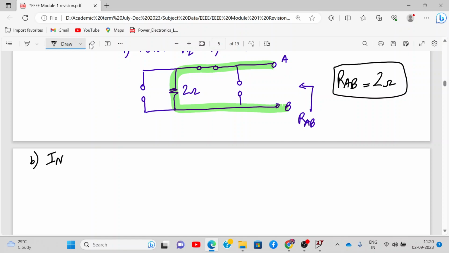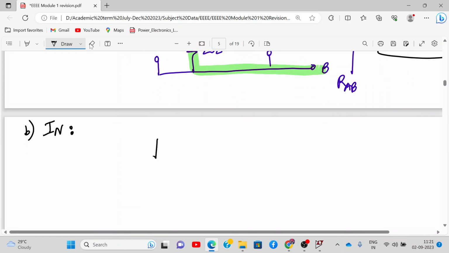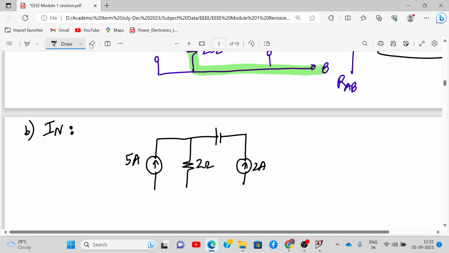So for IN, listen very, very carefully. Let me redraw the circuit, and please write along. Let me redraw the original circuit. So this is 6 volt. This is 2 ampere. And between A and B, this is 6 volt.